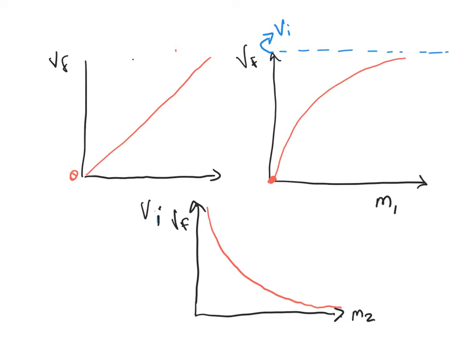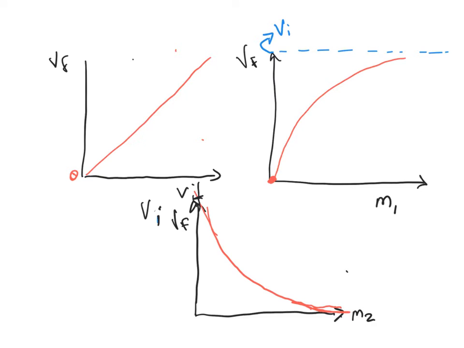And actually this one, again, if we consider the extreme cases, should have a y-intercept that is the initial velocity, because if the mass of the second car is 0, then that first car is going to roll down. There'll be no collision because there's no mass, and so the final velocity will be equal to the initial velocity. As that second mass gets larger and larger and larger, our final velocity should again approach 0.